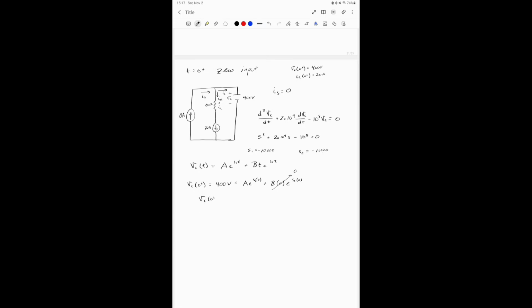So VC of 0 plus is equal to 400 e^(S1 t) plus B t e^(S2 t).